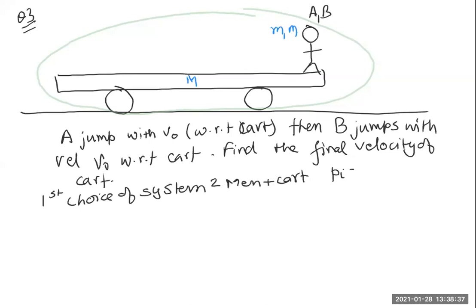Initial momentum will be initial momentum of man A plus initial momentum of man B plus initial momentum of cart, which is equal to 0 plus 0 plus 0, 0.